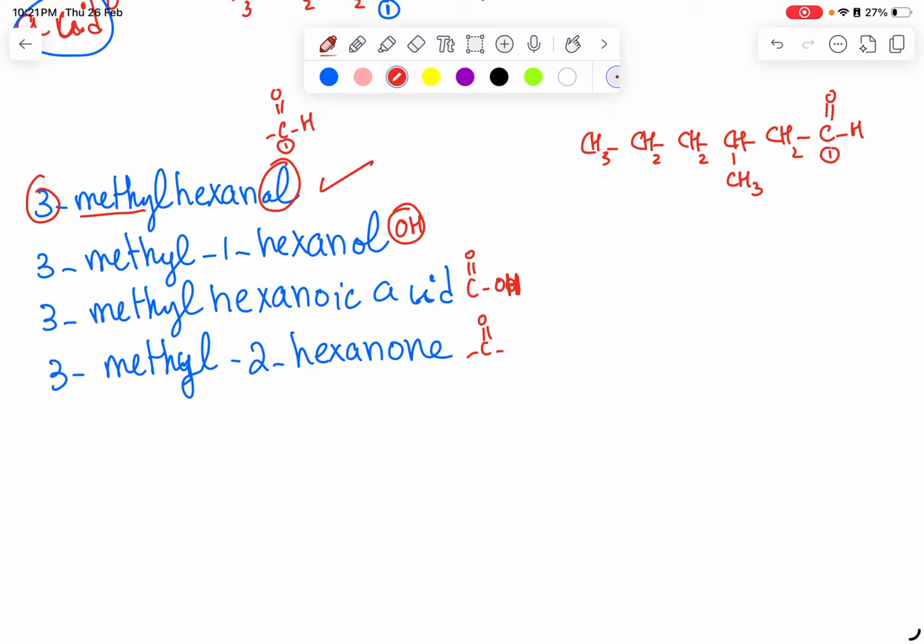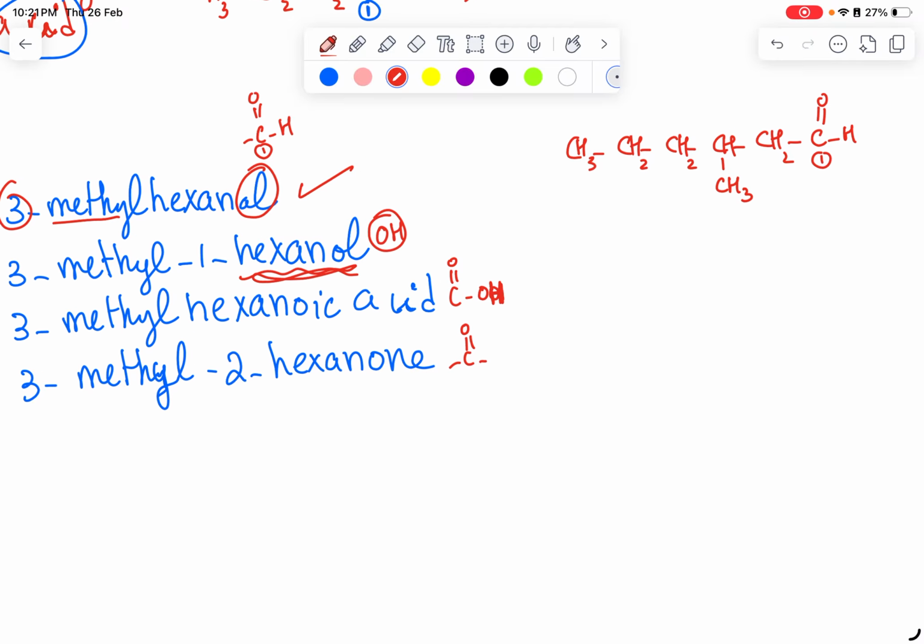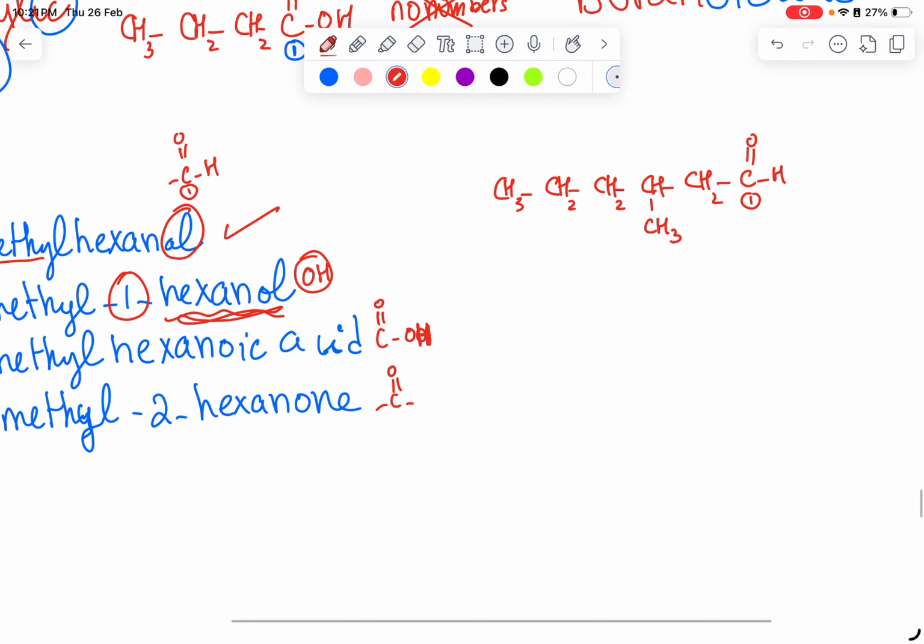You're done. Now let's do the same, and now make it hexanol. And hexanol where? On the first. You see this first carbon? I'm just gonna change it. And instead of double bond, I'm just gonna put OH. Now this carbon will have 2 hydrogens instead.